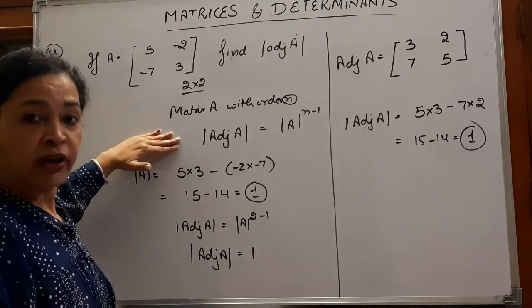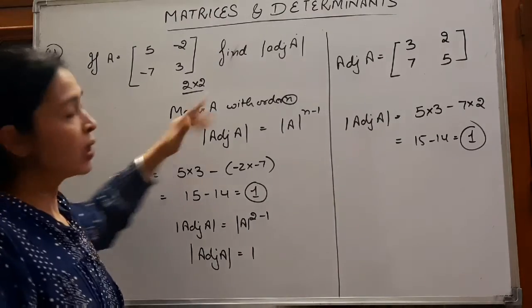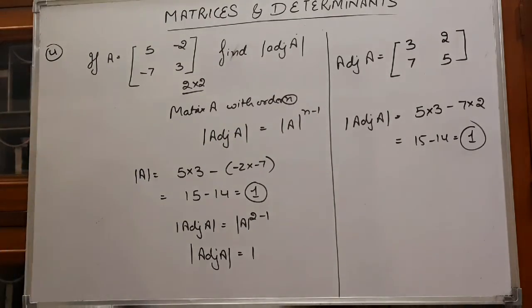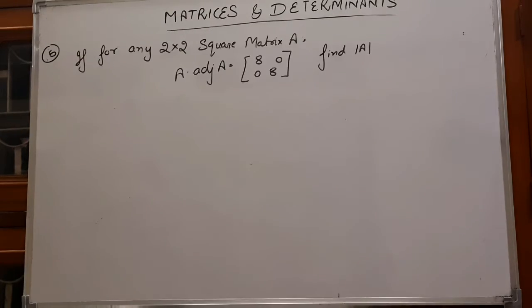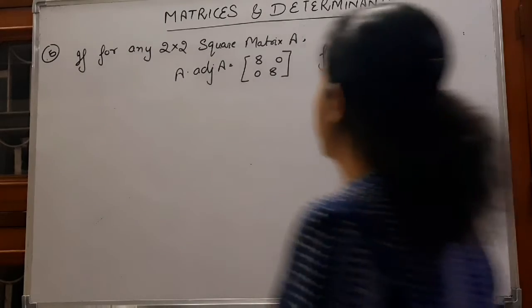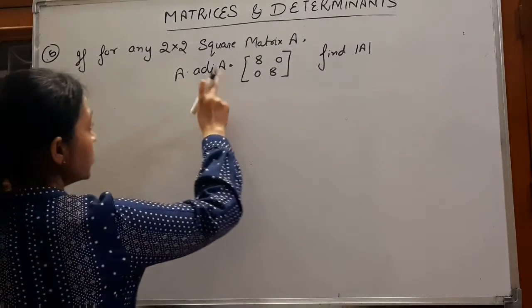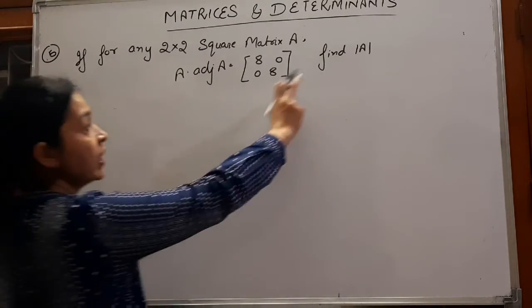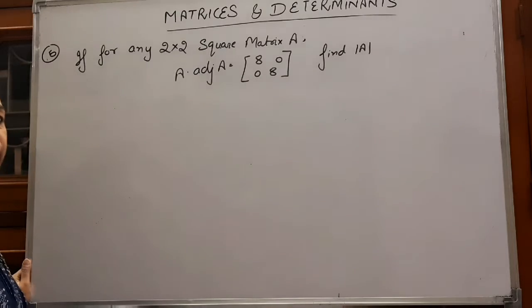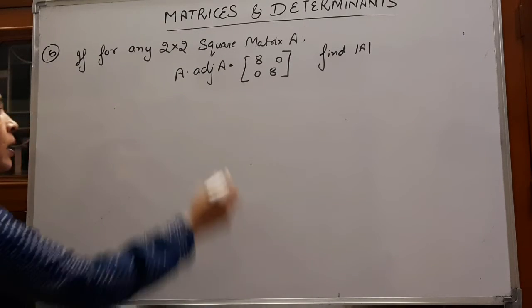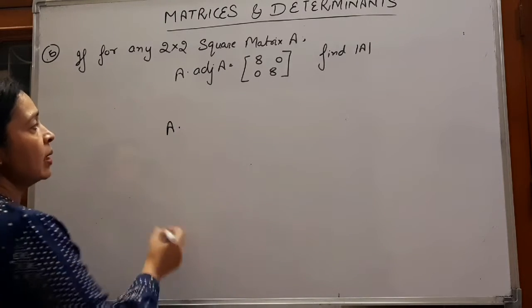If it is difficult for you to learn this formula, do it like this. For any 2 by 2 square matrix A, A into adjoint A is given. We have to find the value of determinant of A. Now, children, we have a formula.